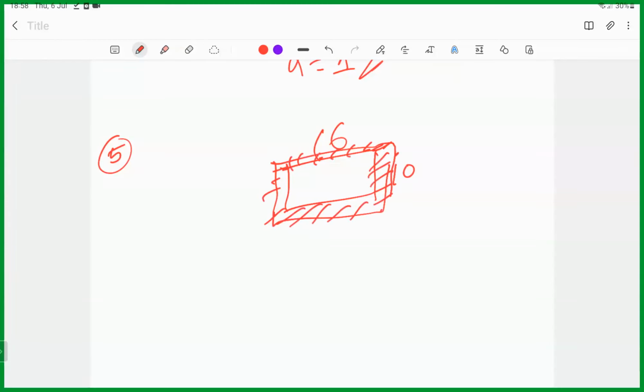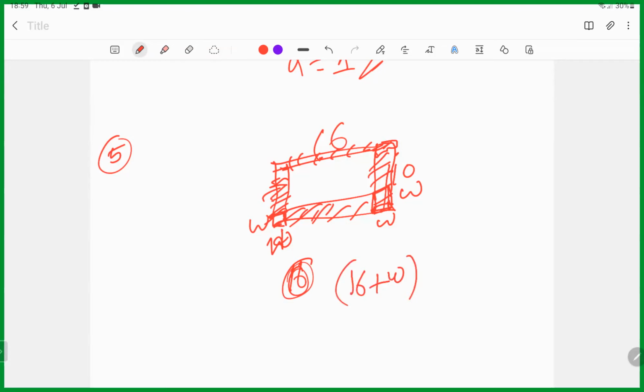Let's call the width W. Now what is the length? 16 plus W. The total length is 16 plus W, the total width is 10 plus W. The area of the total minus 16 into 10 equal to 120.